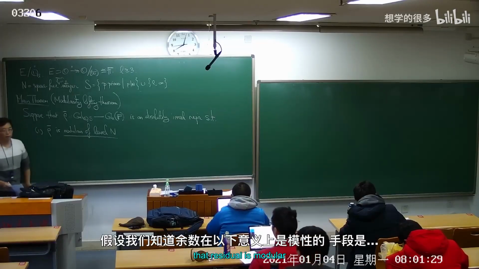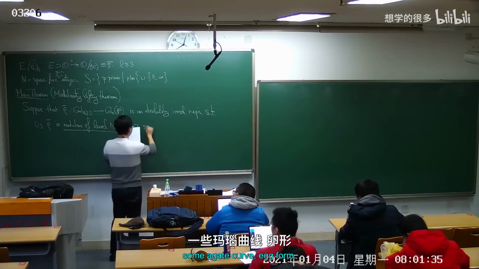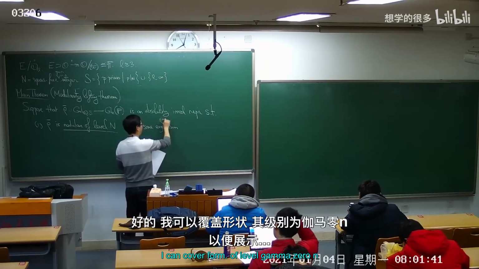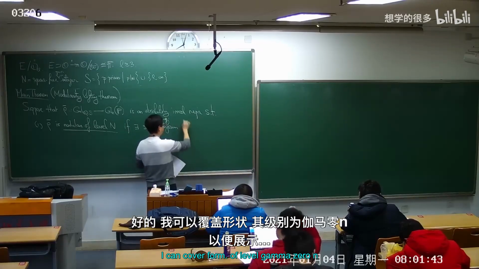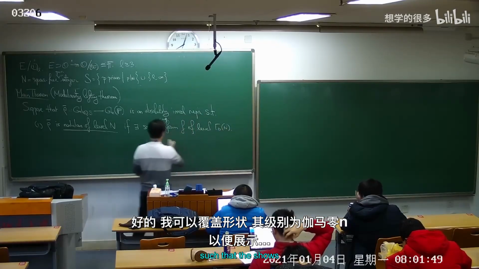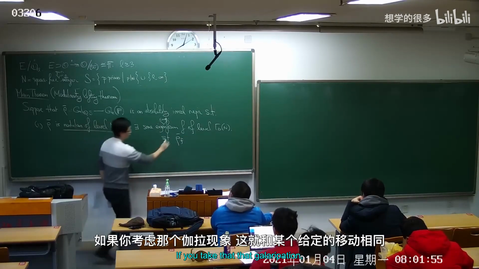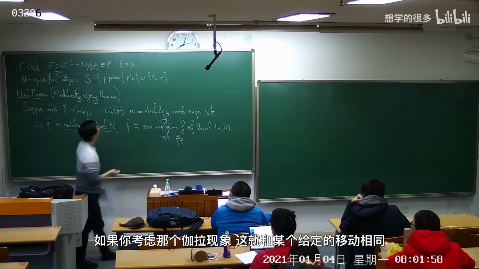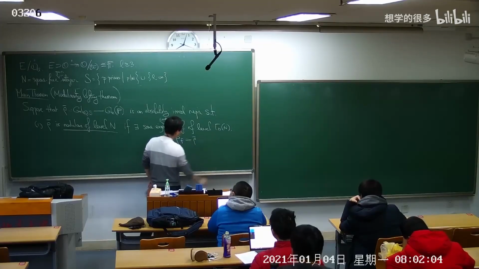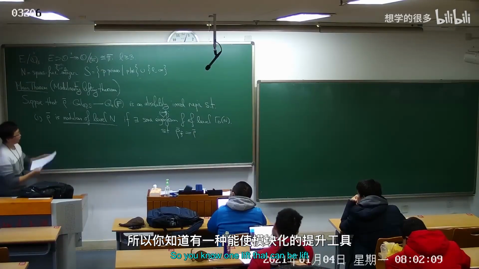Suppose that we know that the residual Galois representation is modular in the following sense, that you can find some eigenform of level gamma 0 n, such that the associated Galois representation, if you take that Galois representation modulo L, is the same as the given rho bar. Okay, so you know one lift that can be lifted to a modular form.